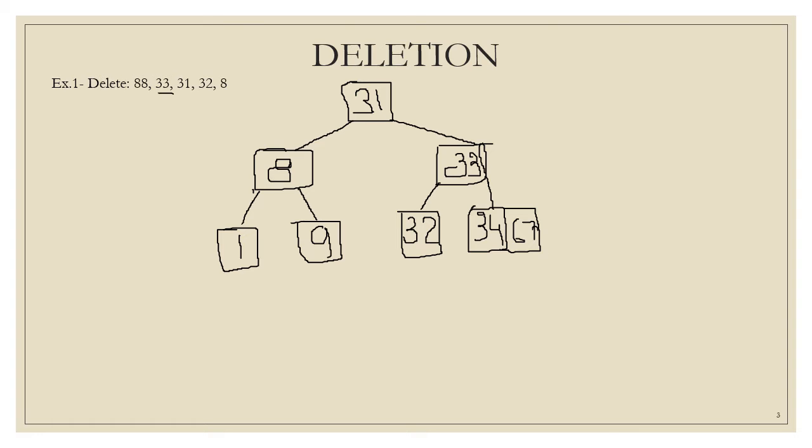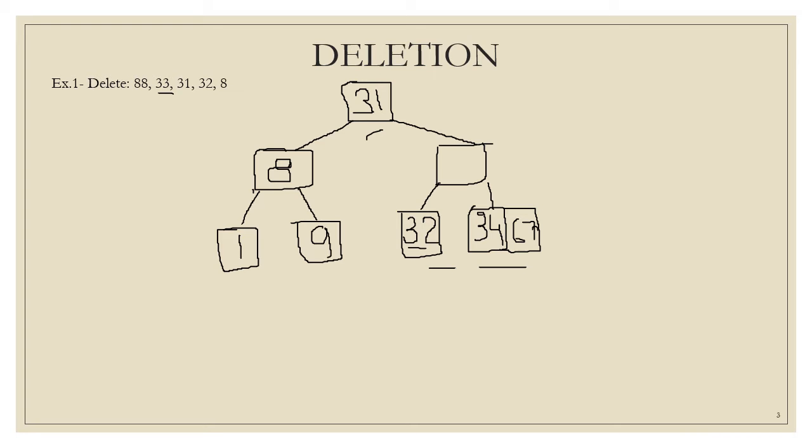Next, it says to delete 33. Now if we delete this internal node 33, then what can come in place of 33? It would be better not to touch the root node, and if we want to choose out of these three, then we cannot take 32, as if we take 32, then 34 and 67 both are greater than 32, and none of these can become the left child of 32.